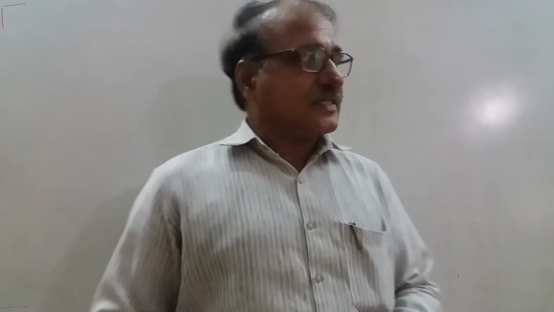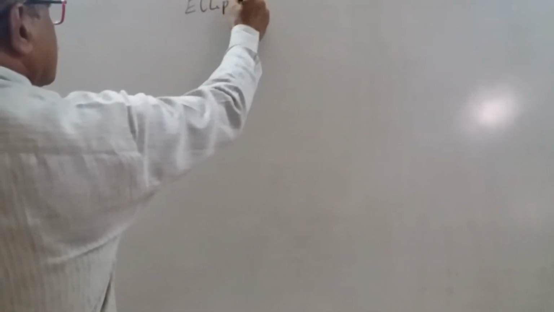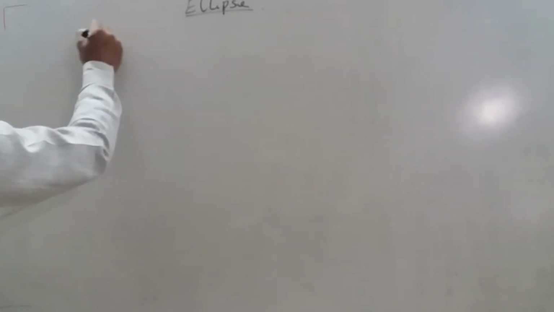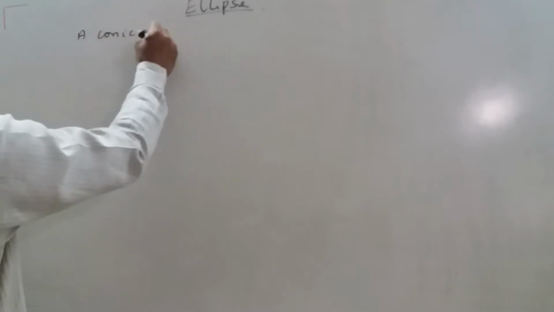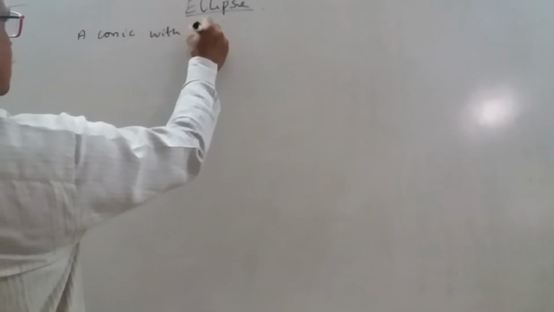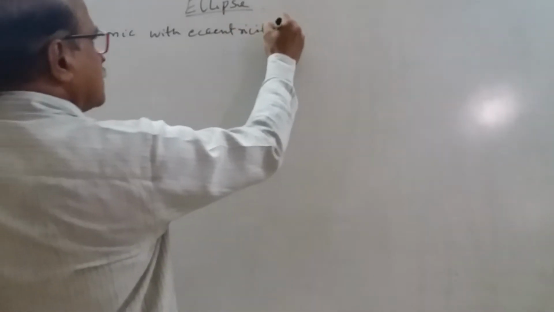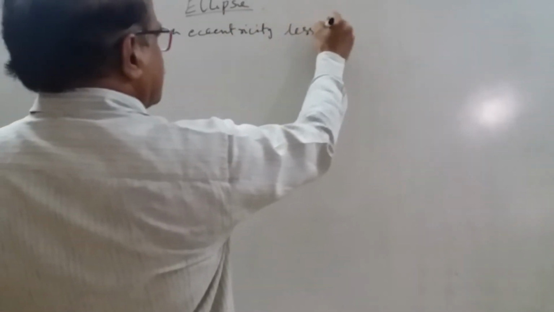An ellipse is nothing but a conic with eccentricity less than 1.